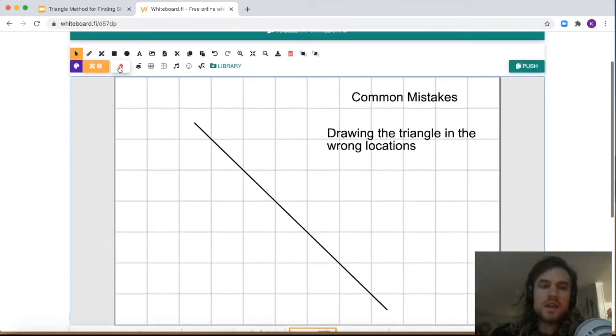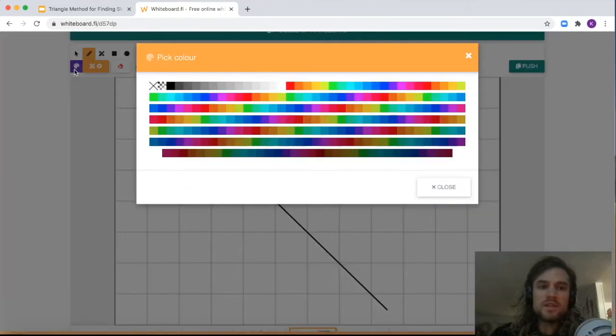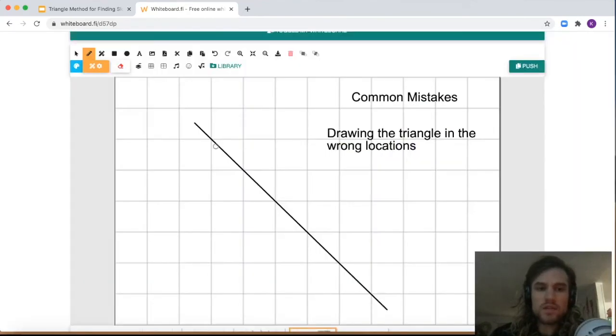So again, you want to look for these. You don't want to draw your triangle like this. Don't draw this triangle right here, right? Don't draw that triangle because then you're trying to estimate, and that's not what you want to do, especially on this one where you have an abundance of places where you can actually draw it. So look for those intersections and draw your triangle that way. All right, that is a common mistake.